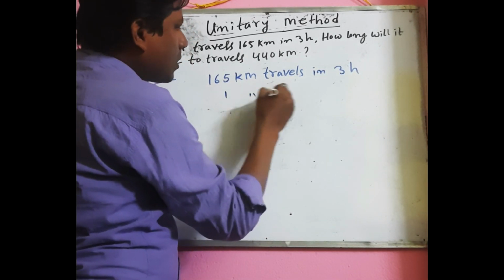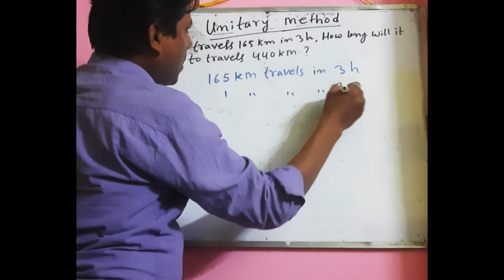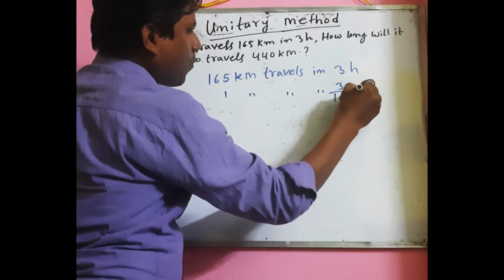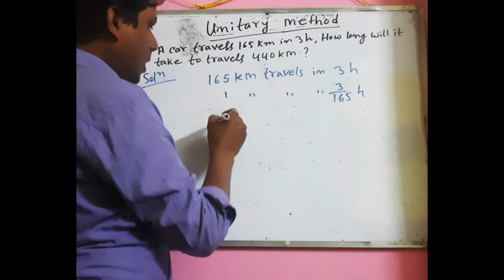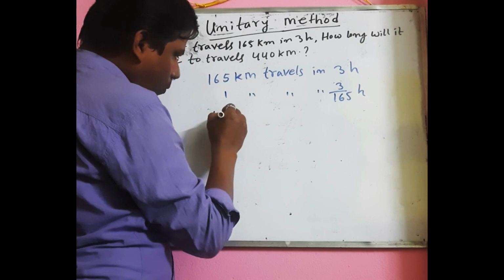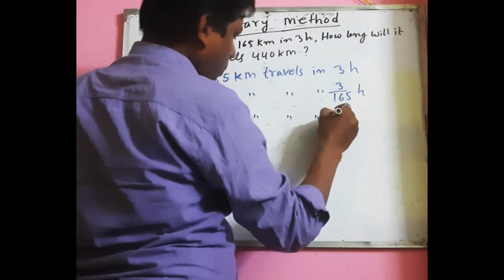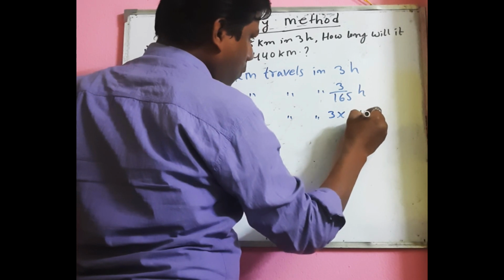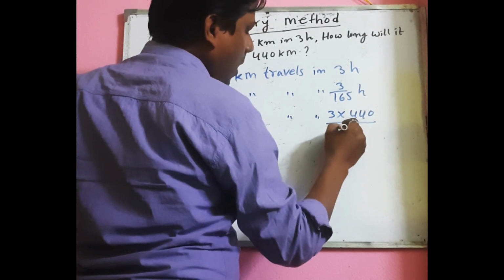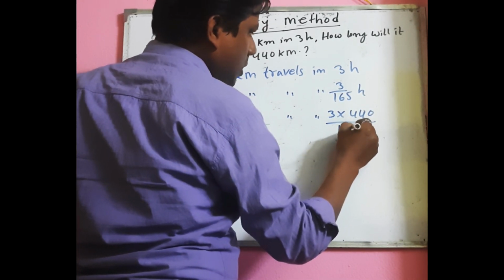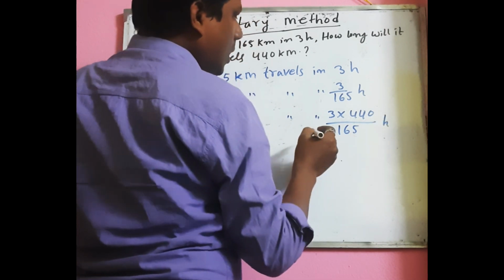So 1 kilometer travels in 3 by 165 hours. Now 440 kilometers travel in 3 into 440 divided by 165 hours.